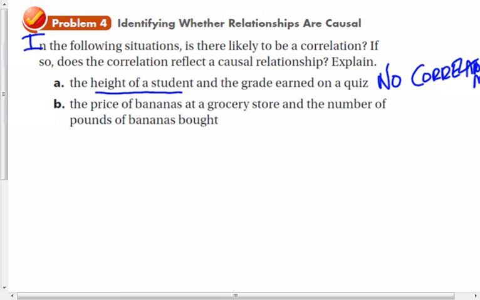Unless the directions for the quiz were written in such a high place that only a tall student could find it. The price of bananas at a grocery store and the number of pounds of banana bought. The price of bananas at a grocery store does depend on the number of pounds of bananas bought. So if there's a dependent relationship, then there's some kind of a correlation.